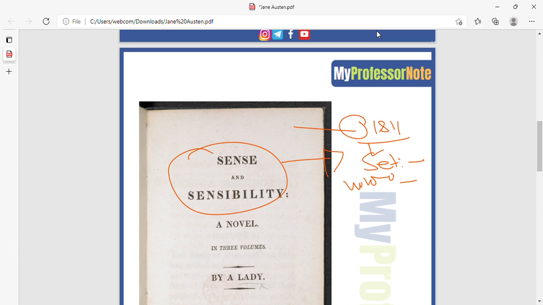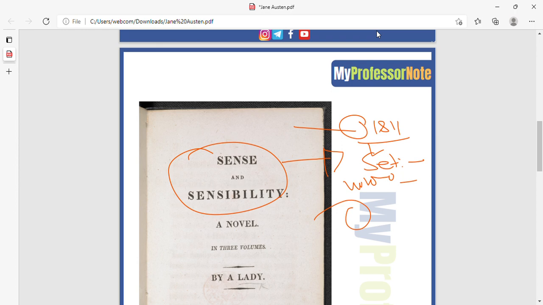One of the easiest ways to remember the plot of the whole novel is, the first time you read its summary, try to create your own summary in your own words, involving all the characters. There must be a connection between them, so you don't have to just mug them up.